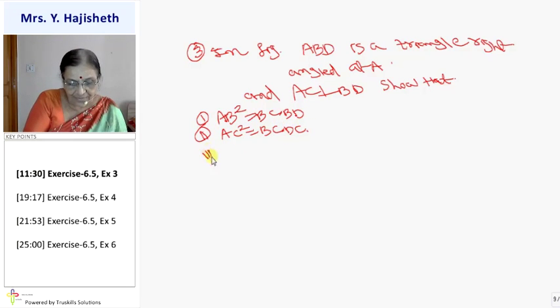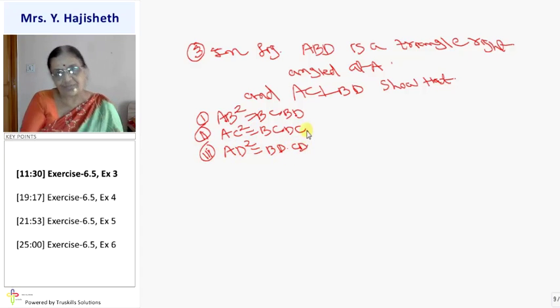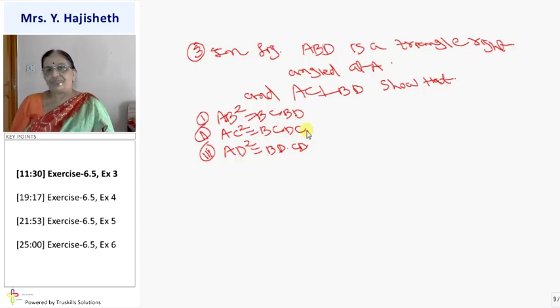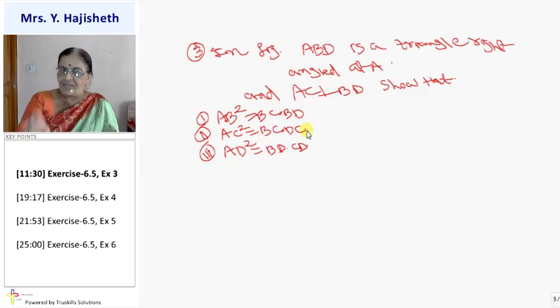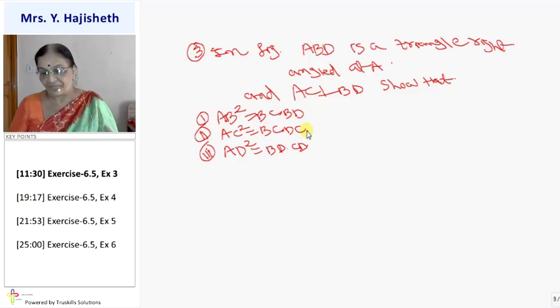And the third part is AD square is equal to BD into CD. Indirectly it's a proof of the theorem, right? In order to prove three pairs of triangles similar, one by one, we require this ratio. Or if they are similar, then the ratio is the same. If the ratio is the same, then they are similar.